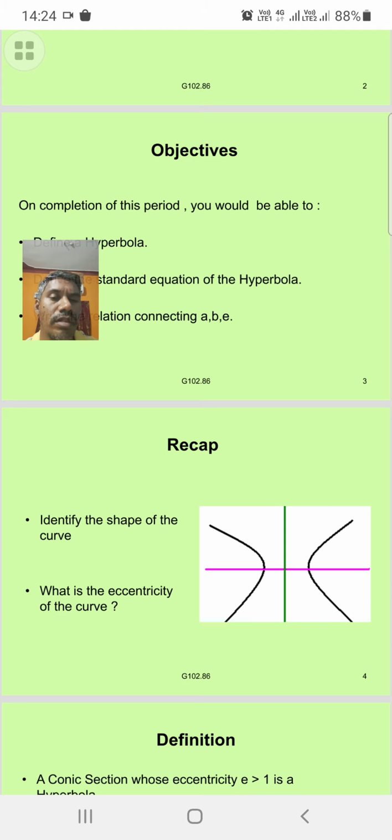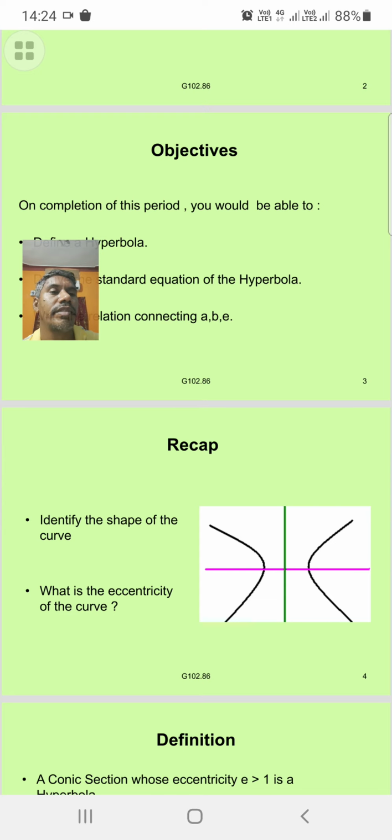For all three conic sections, we have only one same formula, or we say a unique formula.